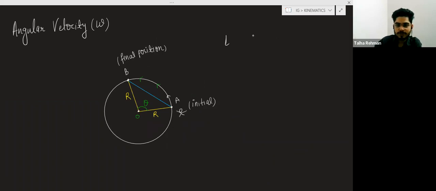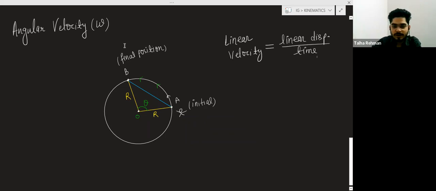What is linear velocity? Linear displacement divided by time. Linear velocity I have represented with v, linear displacement is s and this is t.